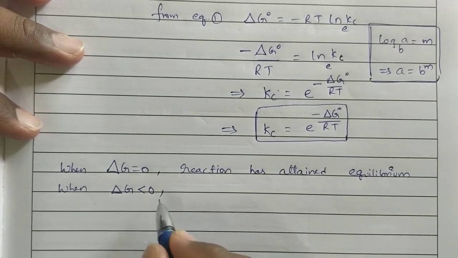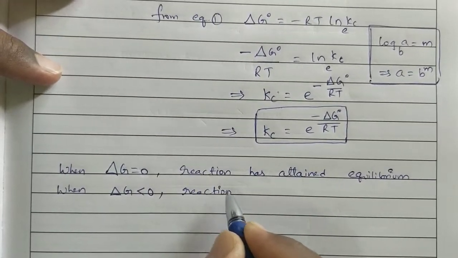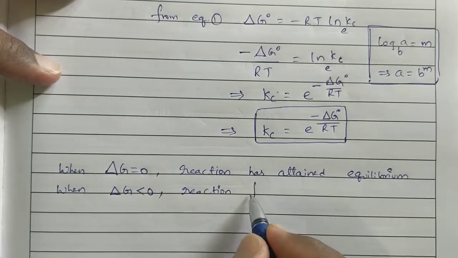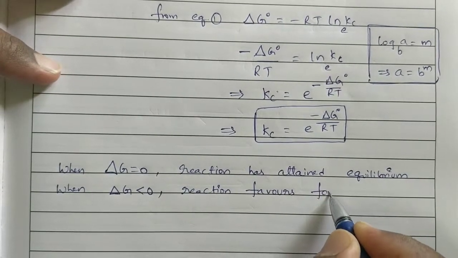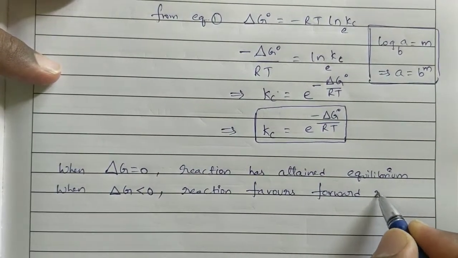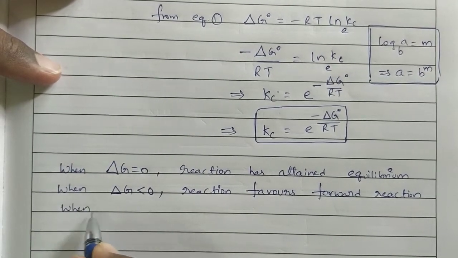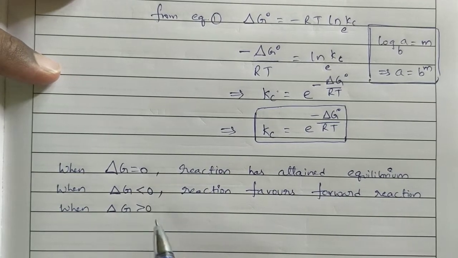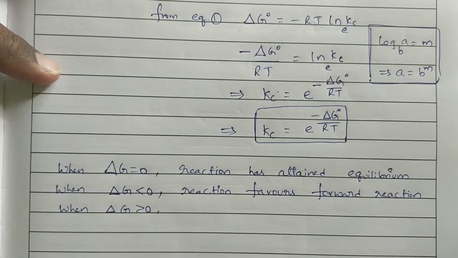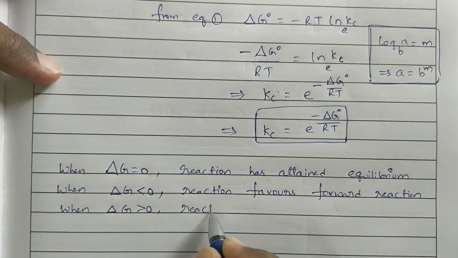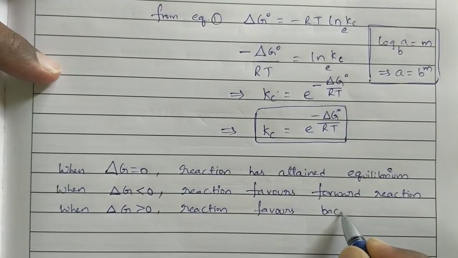When delta G is less than 0, the reaction favors the forward reaction. When delta G is greater than 0, the forward reaction will not take place, but the backward reaction will take place. So the reaction favors the backward reaction.